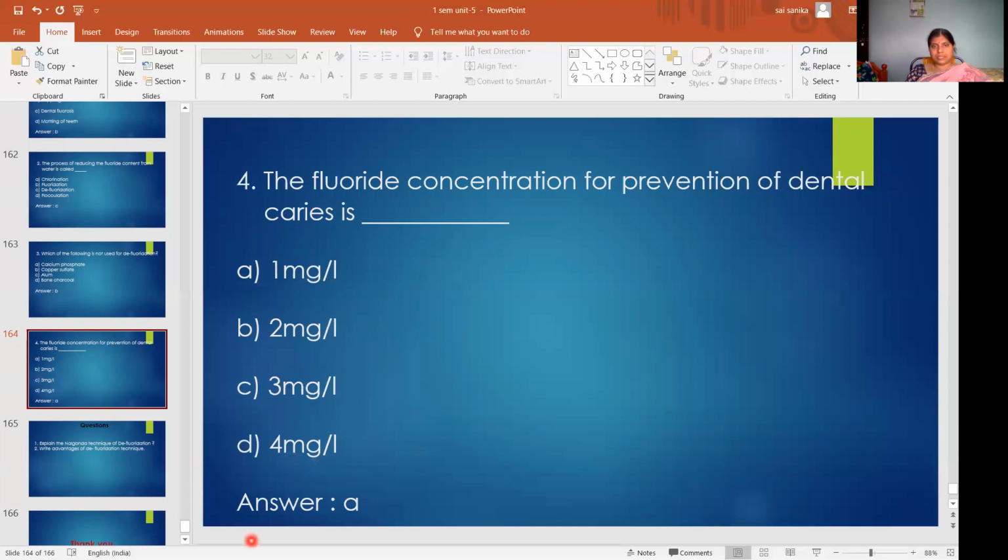The answer is A. The fluoride concentration should be 1 mg per liter to prevent dental caries.